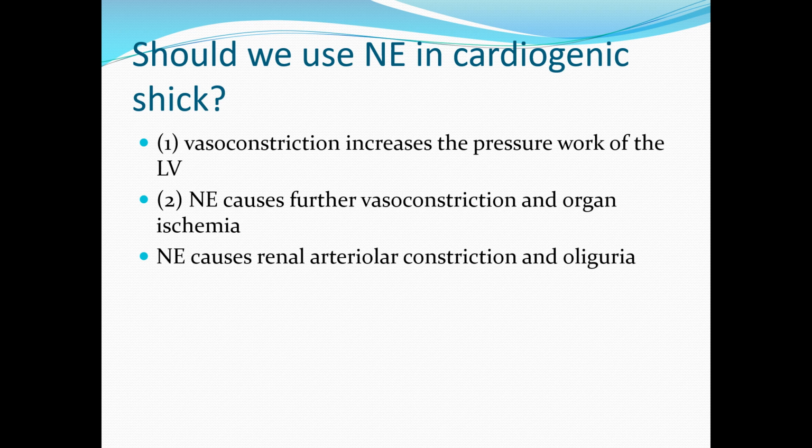That's obvious. And the second is that norepinephrine causes vasoconstriction and organ ischemia in a syndrome in which there is intense constriction already in place. There are some additional undesirable effects associated with norepinephrine, like renal arterial constriction that results in oliguria.